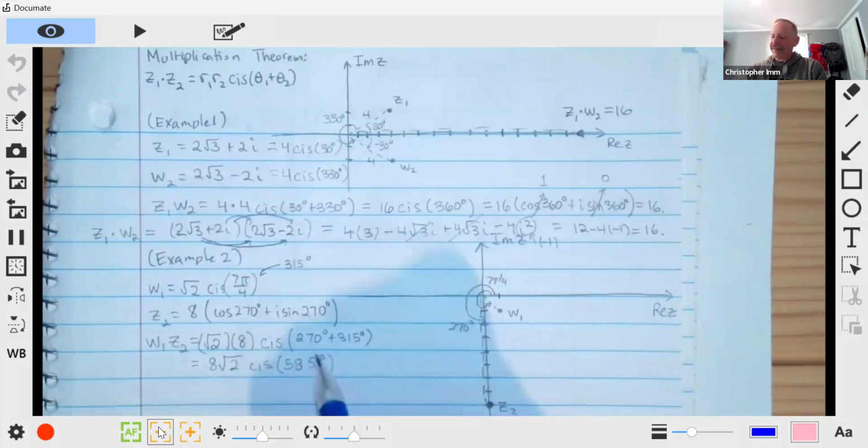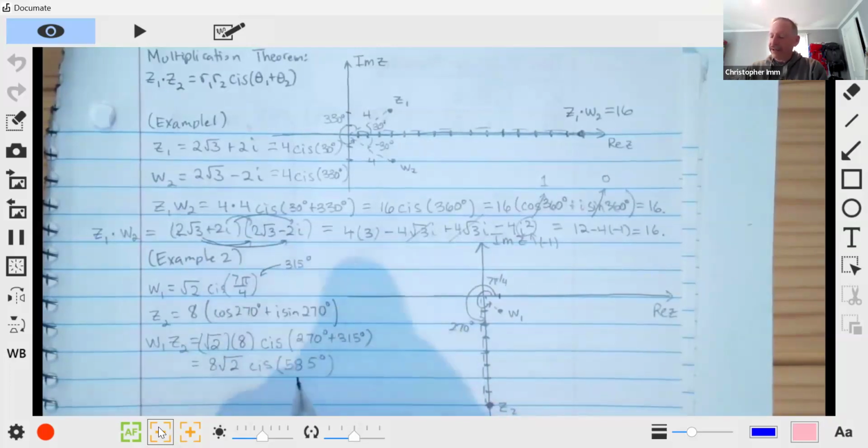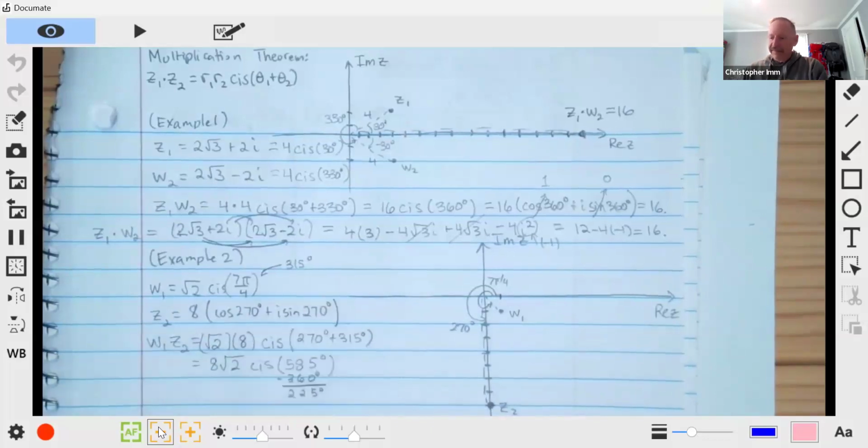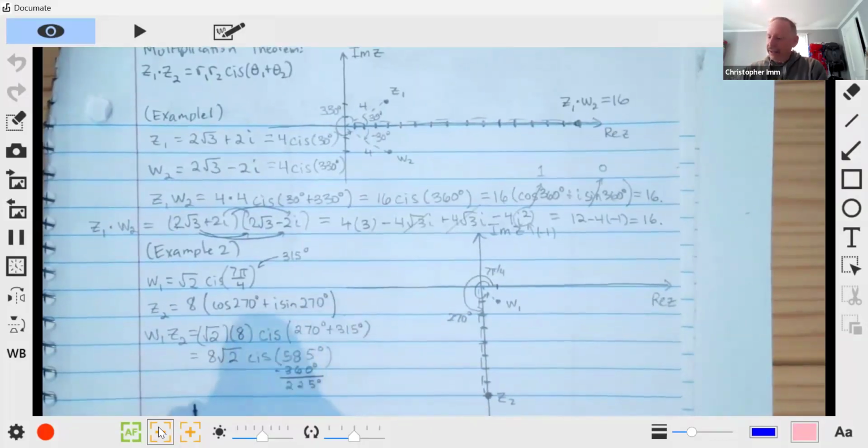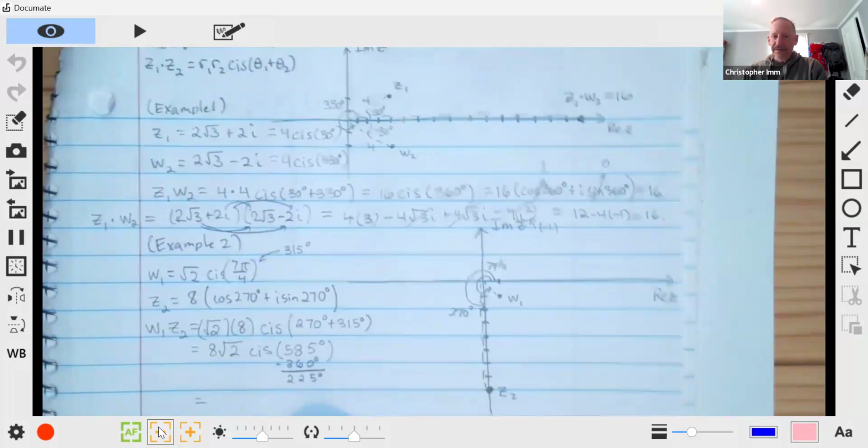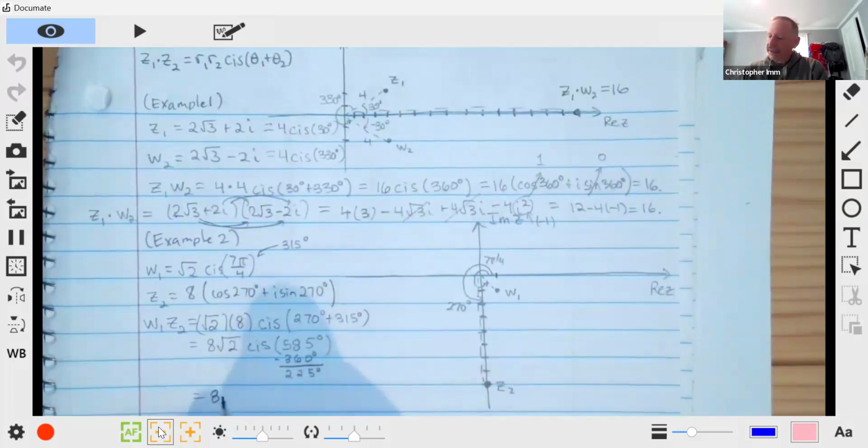So I might want to just subtract 360 from this to figure out what angle is coterminal to that. So if I subtract off that 360, I get 225, and now I know exactly where I'm at. So this one's going to be 8 root 2 times the cis of 225 degrees.